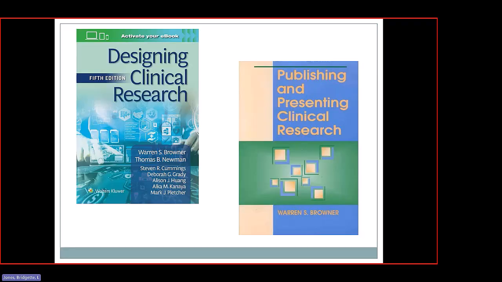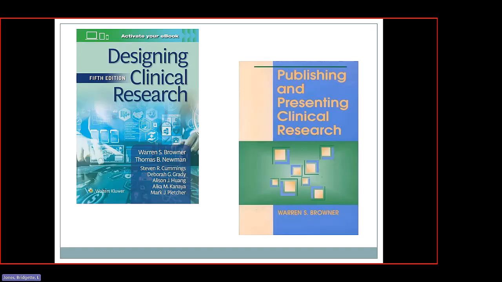Most of what I will present today comes from two textbooks that I would suggest you consider purchasing, or I don't know if the fellowship would want to purchase these and have them available for the fellows to borrow.